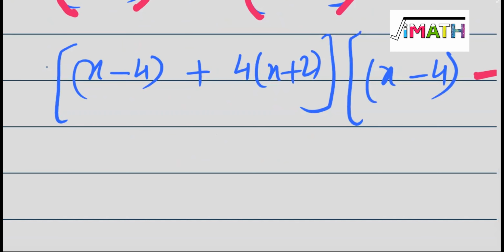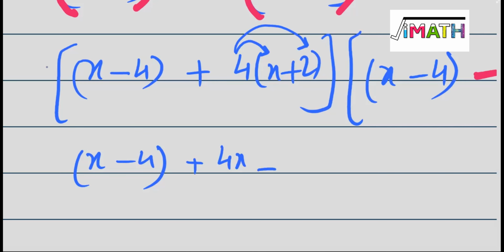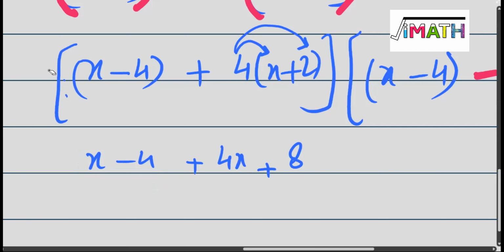If there is something positive before the bracket, just remove the brackets. So it's gonna be x minus 4, and 4 multiplied by x is gonna be 4x, and 4 multiplied by 2 is gonna be plus 8, and there is a positive sign before a bracket, so I'm gonna just remove these brackets.